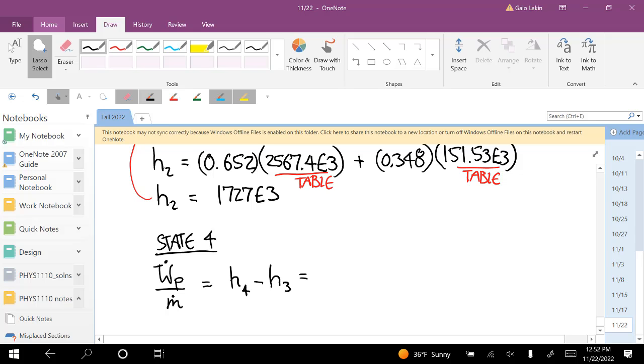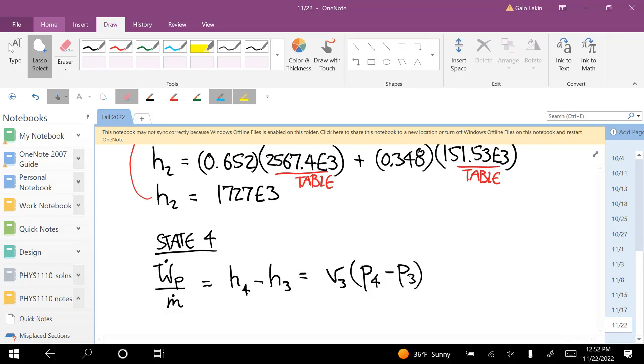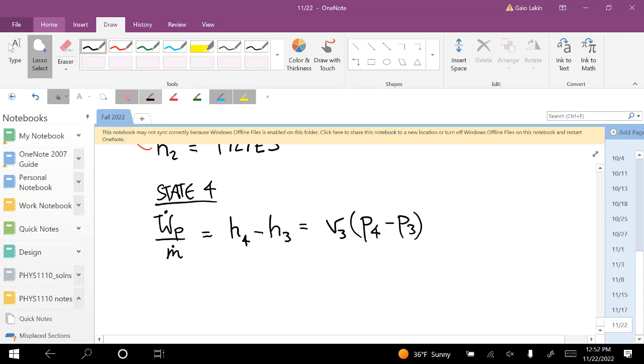And we can also calculate this as the specific volume at 3 times the quantity P4 minus P3. And we have all that stuff. So H4 is equal to H3 plus V3 times the quantity P4 minus P3.